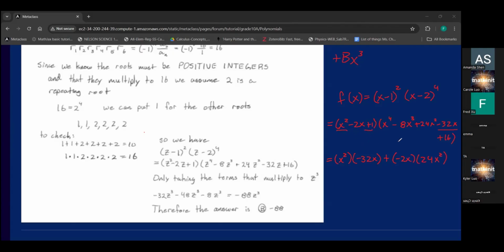And we have the 1 here. 1 times the negative 8x cubed will give us another x cubed. So plus the 1 times negative 8x cubed.